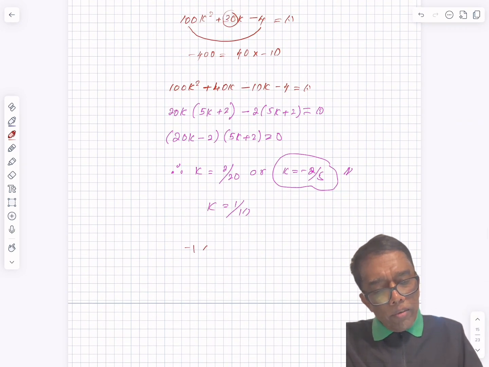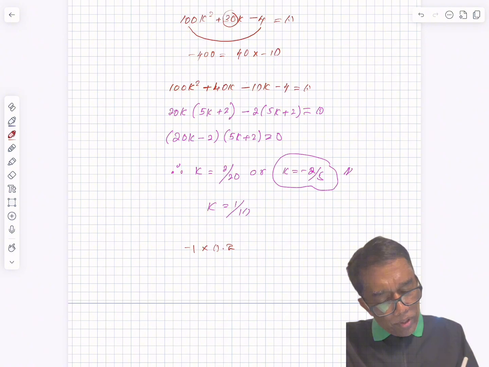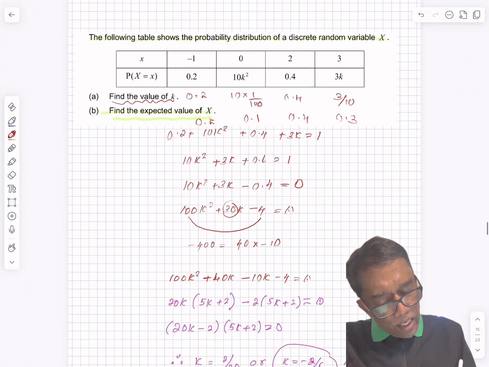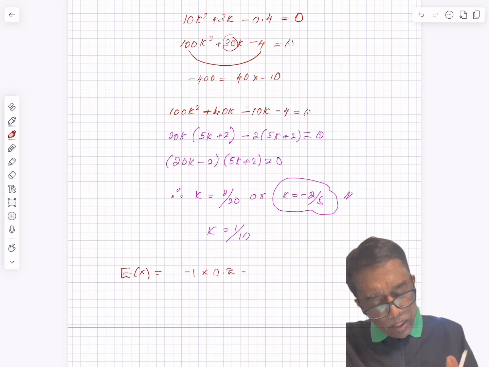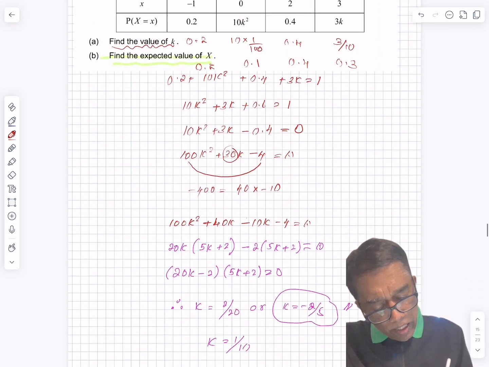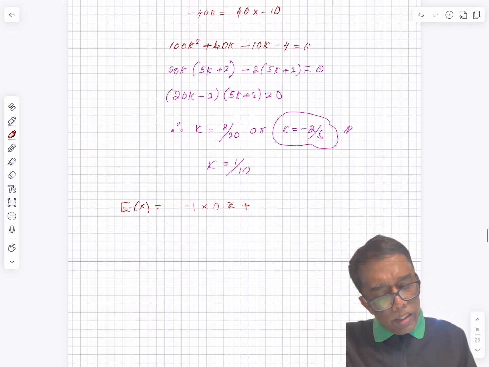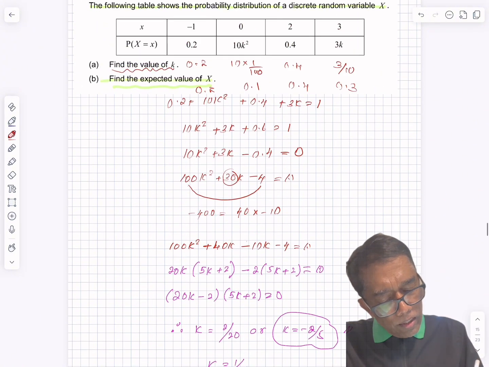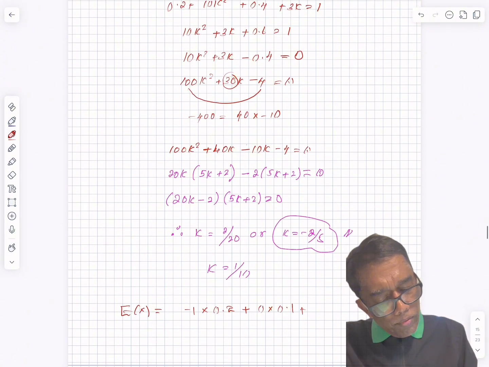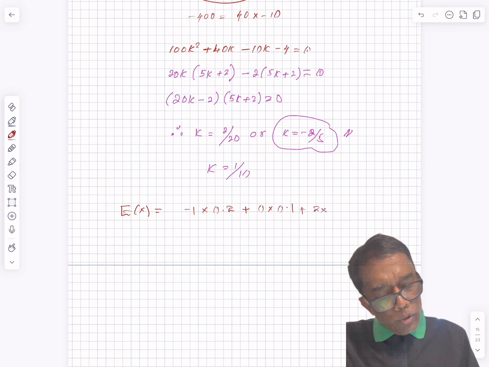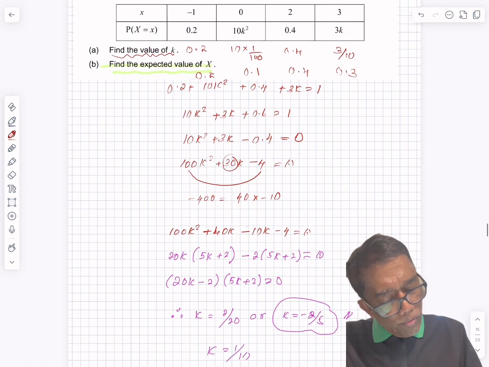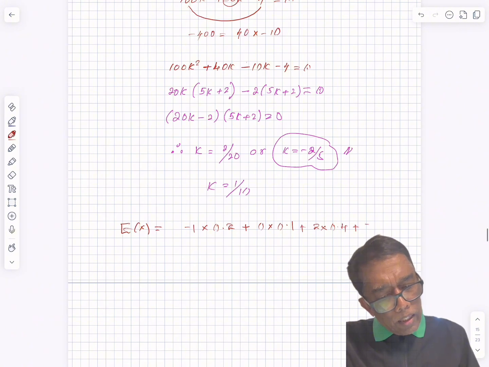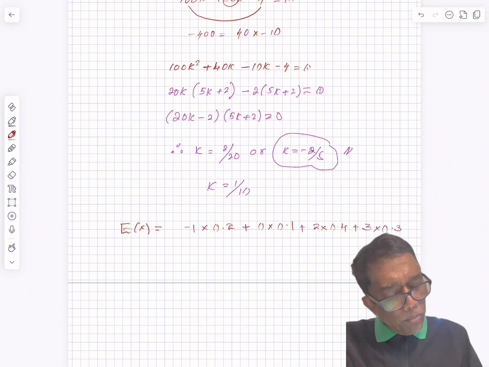The expected value is negative 1 times 0.2 plus 0 times 0.1 plus 2 times 0.4 plus 3 times 0.3.